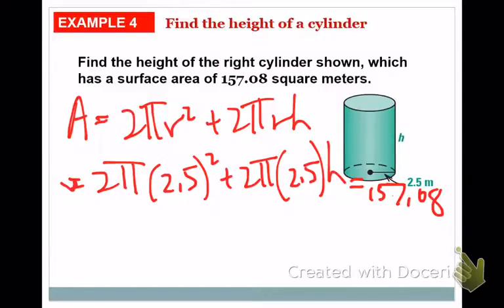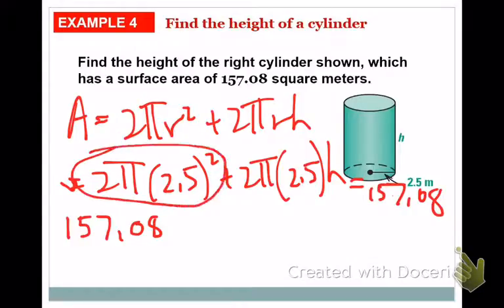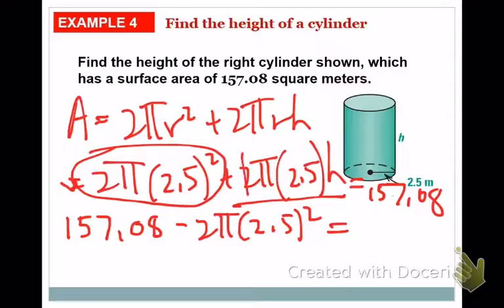So when we solve for h, we take 157.08 and subtract 2 pi times 2.5 squared, and that's going to equal this, but we're going to go ahead and divide out this part.